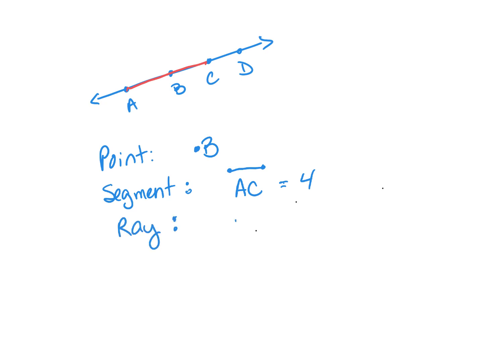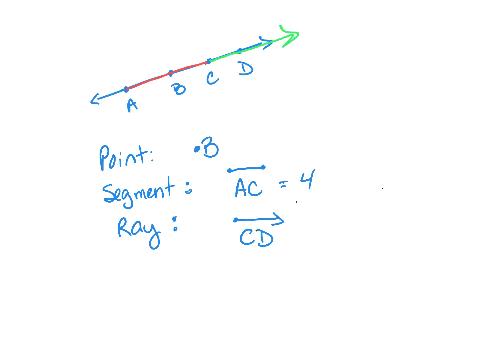Then there's a thing called a ray. And that symbol, some people get this confused for some reason, but that symbol is an arrow that has a beginning and then goes on to infinity and beyond, okay? So if I were to put ray CD, that would be from C through D and all the way to infinity.